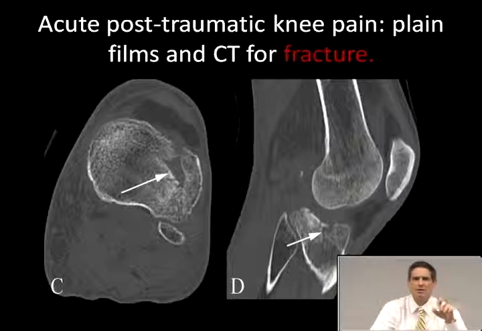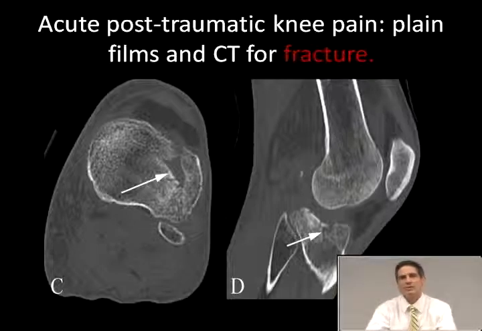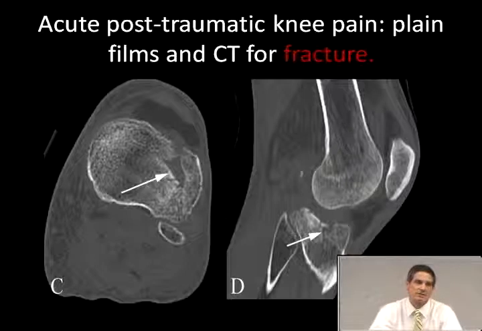In this case, the cross-sectional imaging marked C and D here shows you displacement of the fracture fragment, shows you the manifestations of the fracture, the intra-articular manifestations of the fracture, and the displacement of those fracture fragments to tell you what you need to do to reform the joint in the best, most anatomically congruent fashion to get the best long-term results for the patient. And that's why they use these CTs.